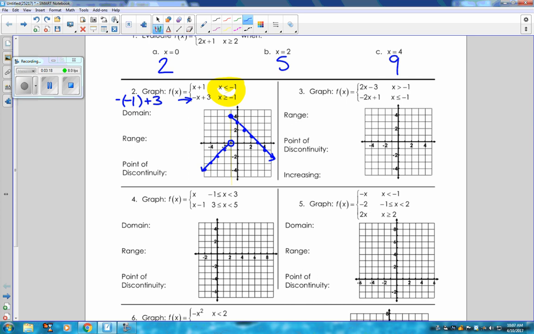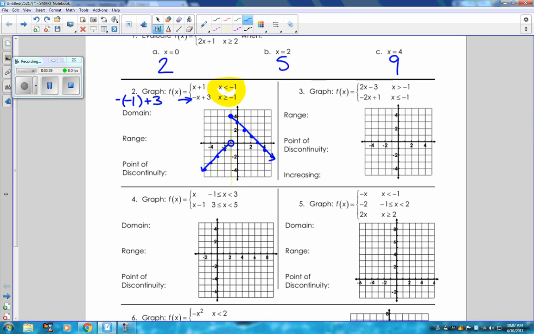And that's how I graph a piecewise function. Are you talking about, Ariana, these points? It's because it's a line.